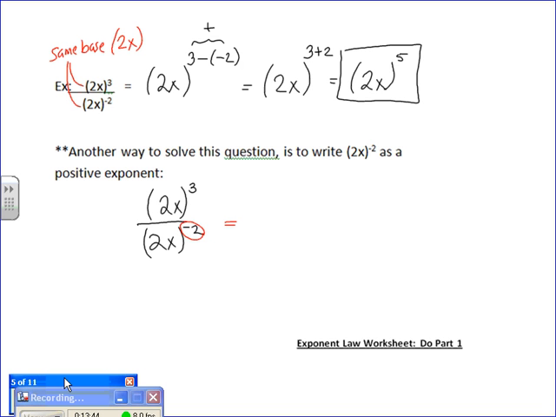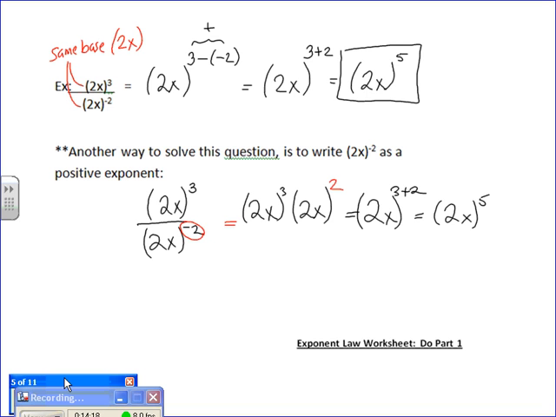So if I bring the bottom base up to the top, 2x cubed stays on top, but I would be bringing up 2x squared, and that negative 2 would become positive when I flipped it up. And so here we're back to exponent law number 1, where I'm multiplying two powers with the same base. And so we get 3 plus 2, and my answer will be the same, 2x exponent 5.